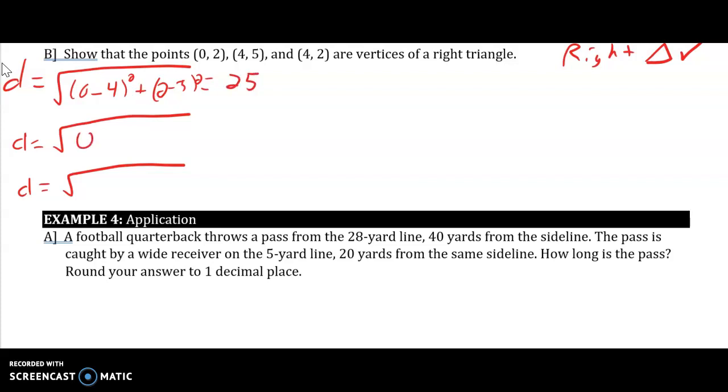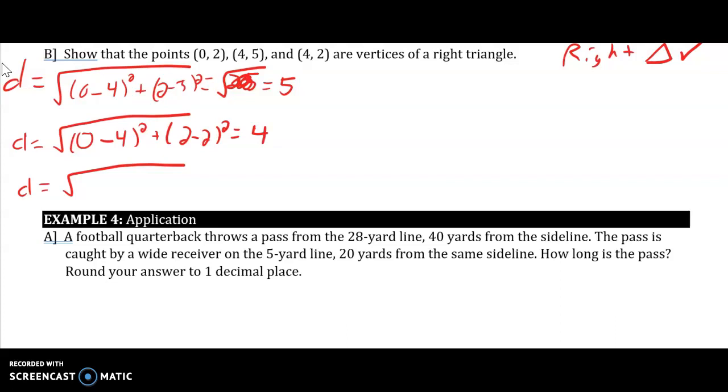Down here, if you do 0 minus 4, square that, plus 2 minus 2, square that, you get 4. Sorry, up here you don't get 25, you get 5. You could take the square root of 25, you get 5. Here you take the square root of 16, you get 4.